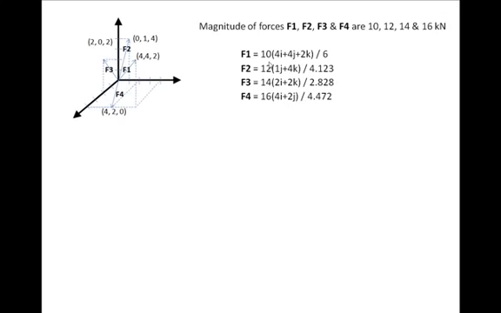So here what you have is F1, F2, F3, F4 all expressed as vectors, that is in terms of ijk. Now once we do this, finding the resultant is very easy.